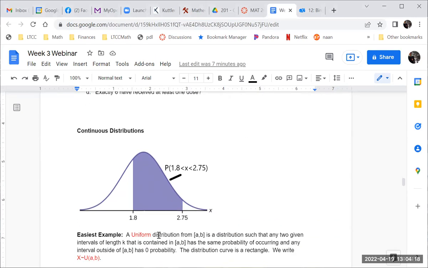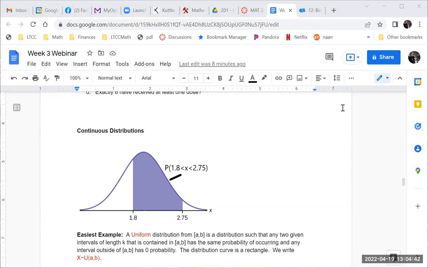Okay, let's move on to chapter 5. And chapter 5 is even shorter than chapter 4, by the way. There's really only 2 small topics. And the idea of chapter 5 is continuous distributions. So the first thing is that with a continuous distribution, you can't list the outcomes.